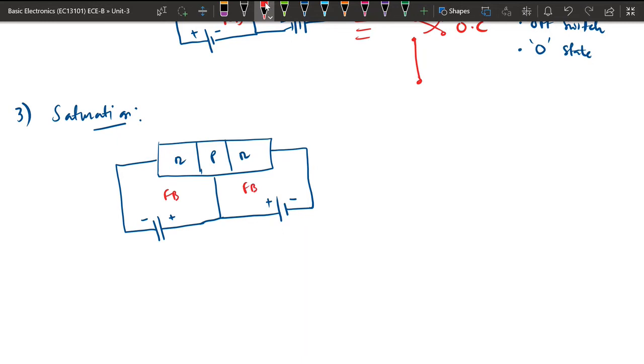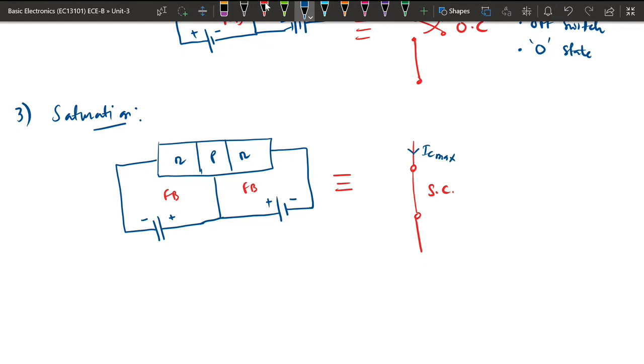If both are in forward bias, its equivalent circuit is as follows. A diode in forward bias behaves like a short circuit, and this diode is also forward bias, so it also behaves like a short circuit. So there will be a current flowing through this, and that will be the maximum current.